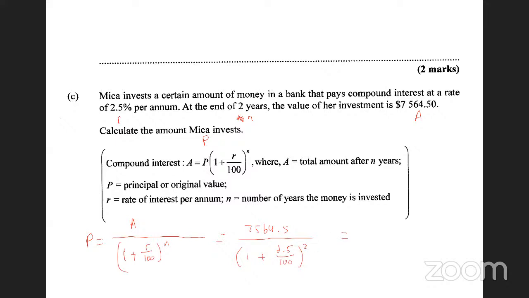The beautiful thing about the Casio is that we could just plug this in. 7564.5 all over, open brackets, 1 plus 2.5 all over 100, squared, and I got 7,200. So that appears to be Micah's investment.